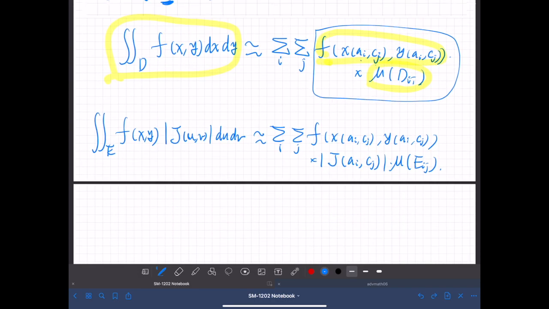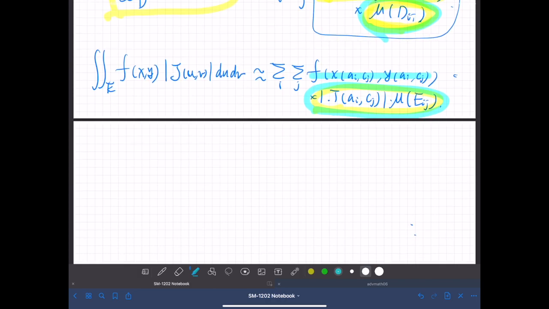So if we compare these two expressions, we see the difference is here, this part and this part. This factor is the same. So what is the difference here?